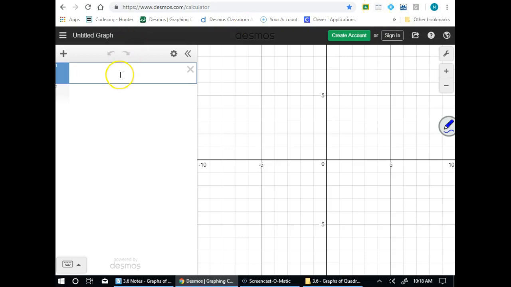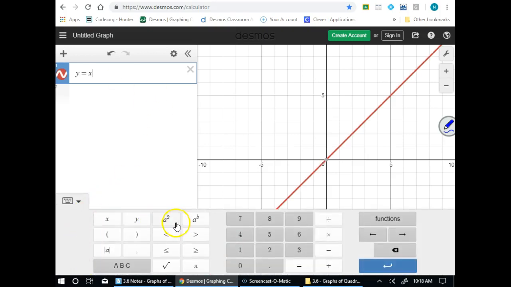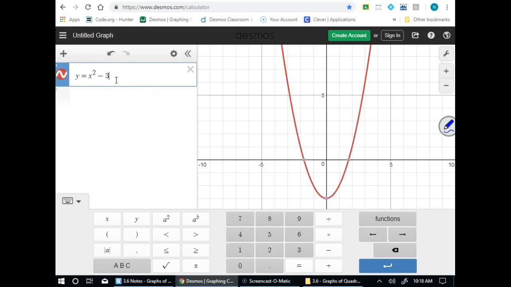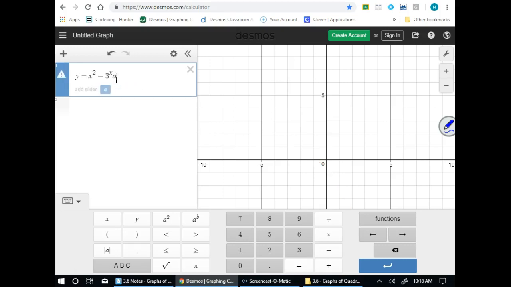But I'm going to cut the screen off so you guys can do it on your own. To type in an exponent, there are two ways. There's one that is easier than the other. If you click that little keyboard, there's an exponent there. But I think the easiest way to do it is when you're typing, if you just do 3, and if you do Shift 6, which is that little caret key, it'll take you up into the exponent, so you could do something like that, although that's not what you want to type in. And if you do the arrow over, it'll go back down into whatever you need to type in.